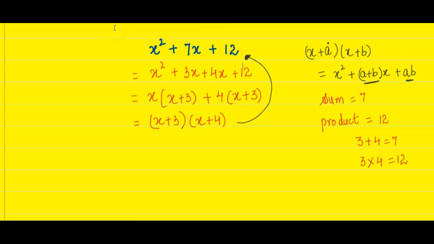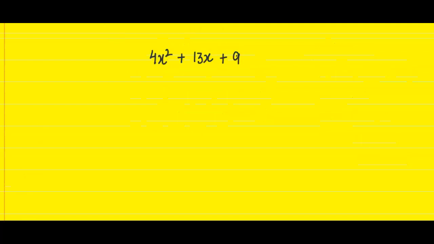Let's move on to the third one. This is another trinomial and it is of the type ax square plus bx plus c. So here we have to remember that we have to take the product of the coefficient of the first term and the last term.